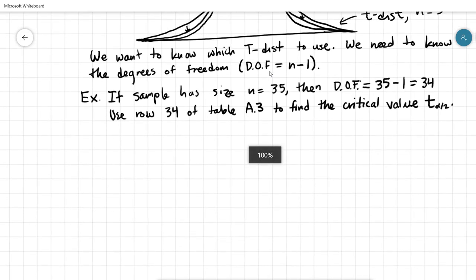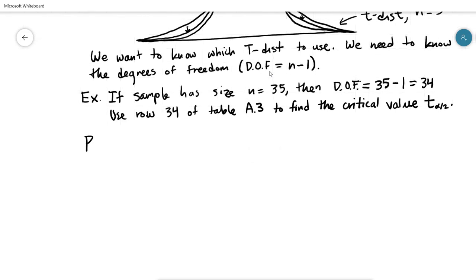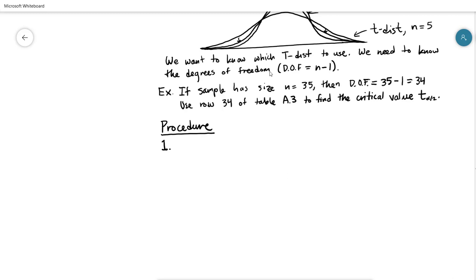So, with this in mind, I'm going to lay out our procedure for these types of problems. And it's the exact same 5 steps that we've talked about previously on those other problems. So, step number one is find the point estimate. That point estimate is still x bar, just as before. The second step is to find the critical value.